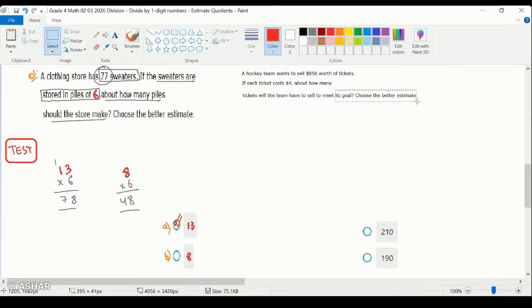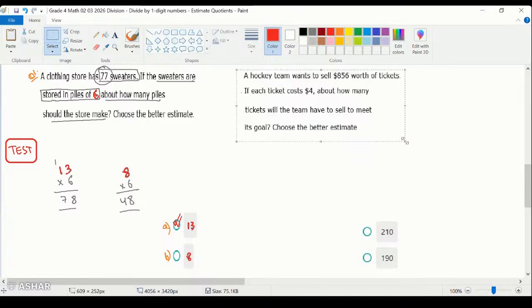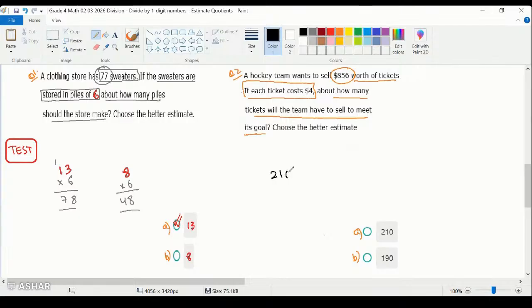A hockey team wants to sell $856 worth of tickets. If each ticket costs $4, how many tickets will they need to sell to meet the target? The options are option A and option B. Simple. Let's multiply the options by 4.